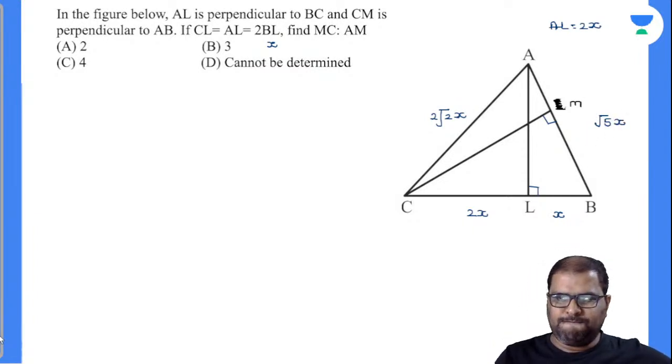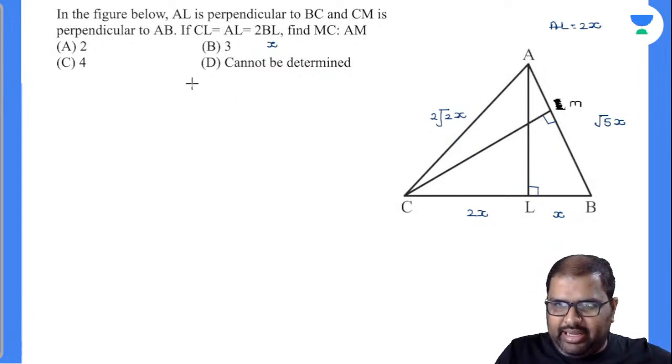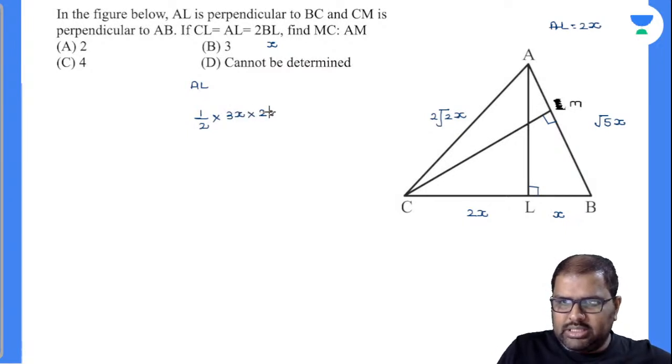Chalo. So if I take my AL as perpendicular, area of the triangle is half into my base value, which is nothing but 2x plus x, 3x, and my height value is 2x, which is equal to 3x square.